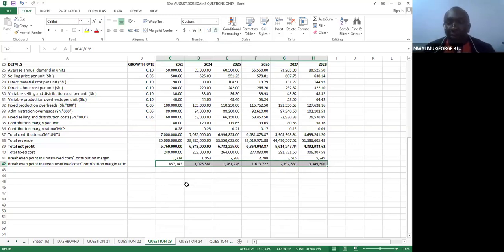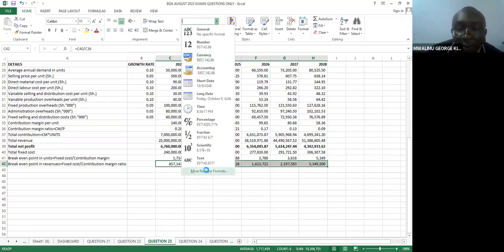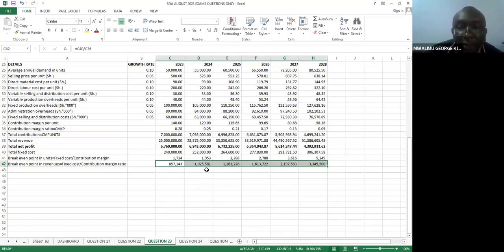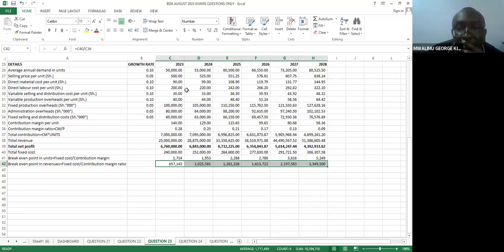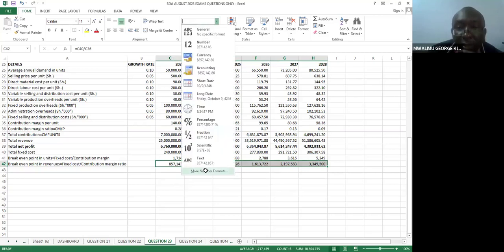And if you have time, you can put Kenya shillings. You can come here to the currency. Currency.